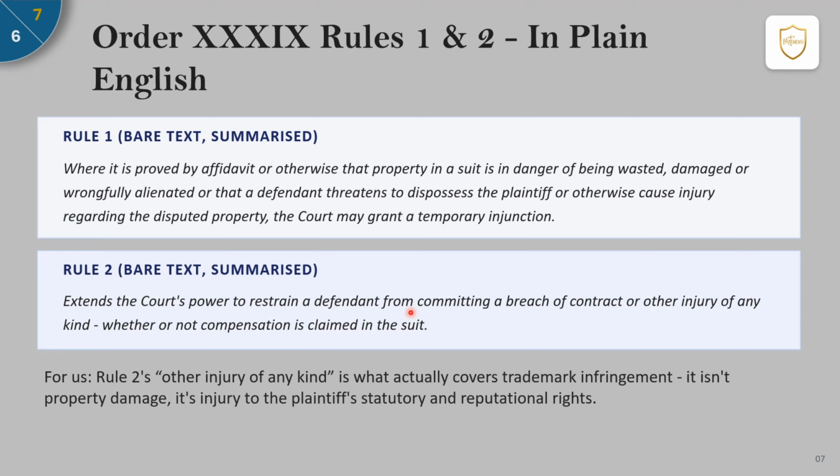Our client is not protecting a plot of land, it is protecting the goodwill and distinctiveness of the mark Sunoora, which the courts have long recognized as exactly this kind of injury. So when you cite Order 39, Rule 1 and 2 in a trademark IA, you are really leaning on Rule 2's broader language, read together with Rule 1's procedural framework.